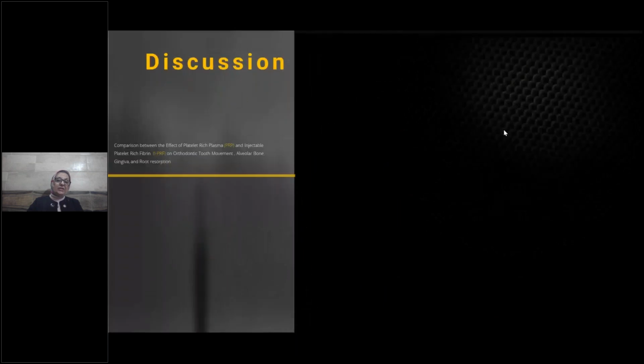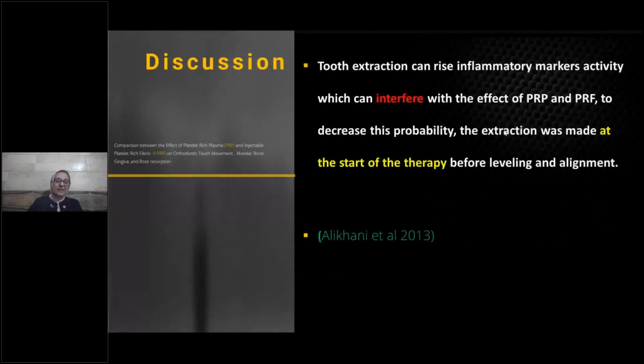Tooth extraction can raise inflammatory marker activity, which can interfere with the effect of PRP and PRF. To decrease this probability, the extraction was made at the start of the therapy before leveling and alignment.